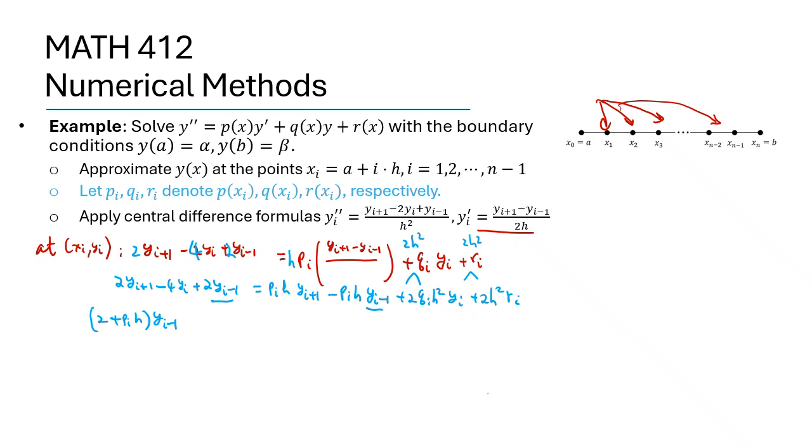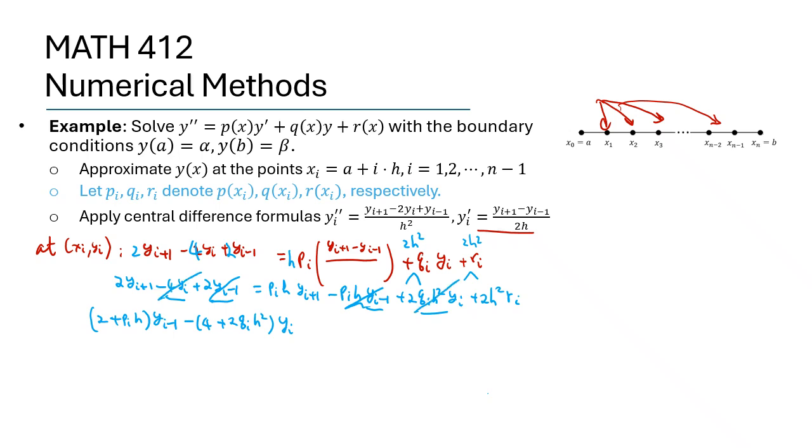Now y sub i: we have minus 4 plus 2 q sub i h squared, times yi.